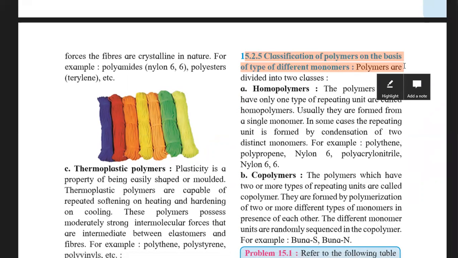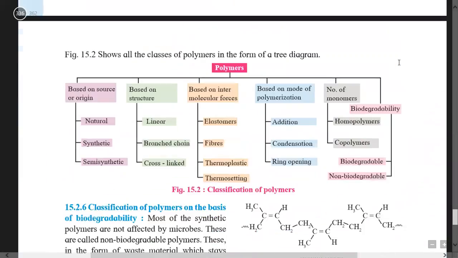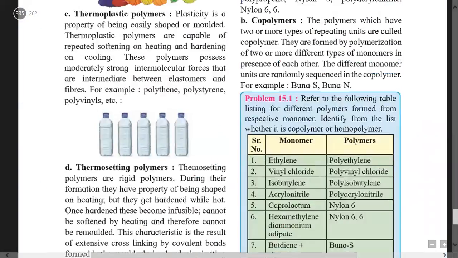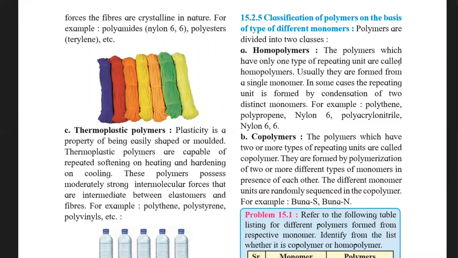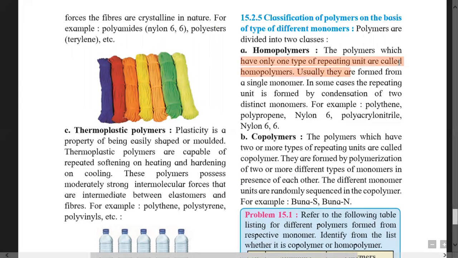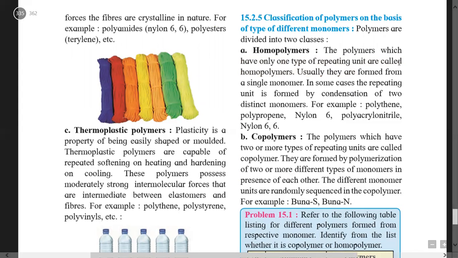Now the fifth type of classification of polymers is based on different monomers. On the basis of which monomers are present, polymers are classified into two types: homopolymers and copolymers. Homo means the same. Polymers which have only one type of repeating unit, only one type of monomer, are called homopolymers. They are formed from a single monomer.